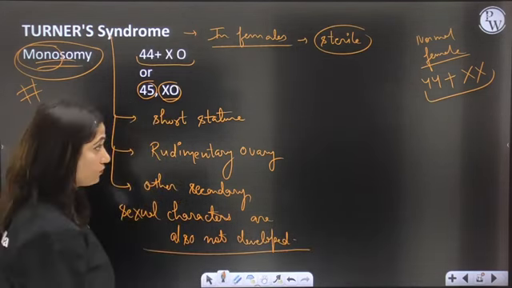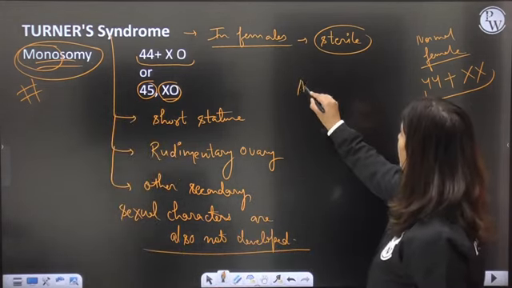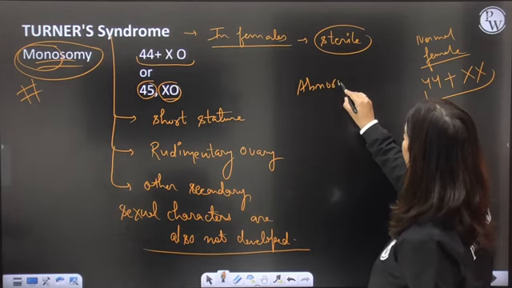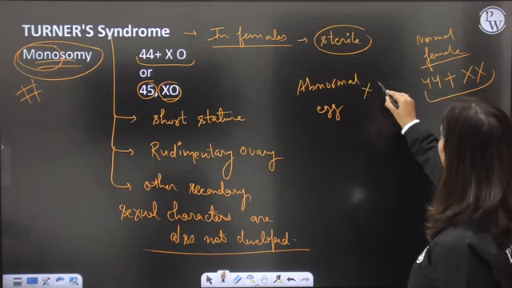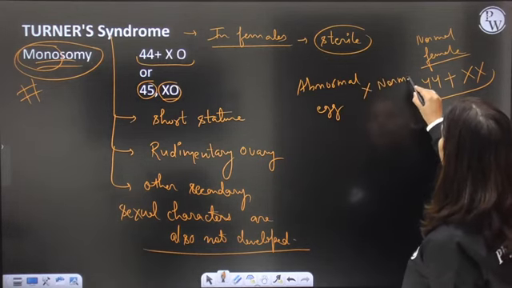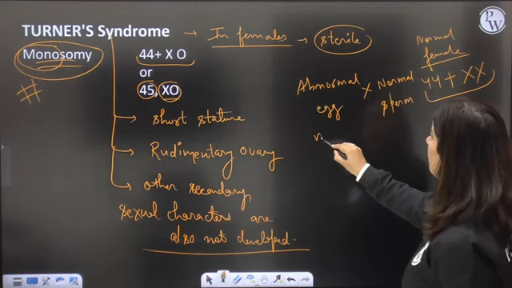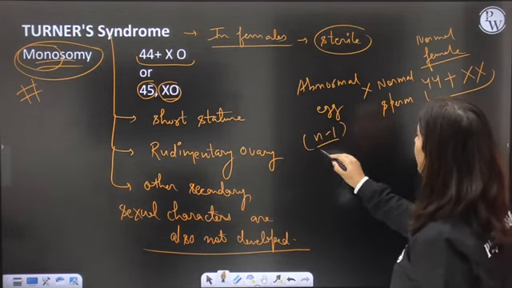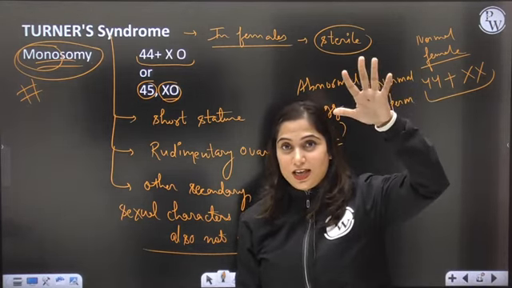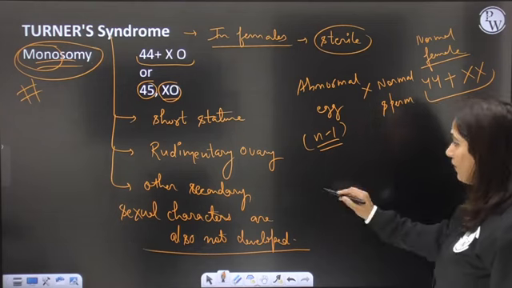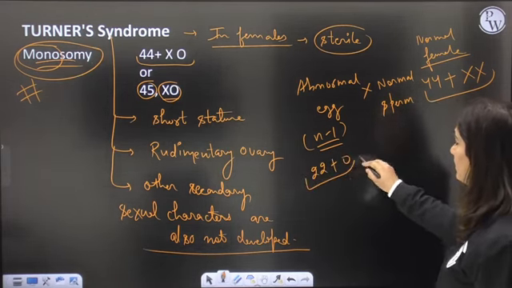Okay. And the reason again is the same, abnormal egg. Reason is the same, non-disjunction of chromosomes, abnormal egg, normal sperm. Abnormal egg here will be n minus 1, the gamete in which the X chromosome did not come. So n minus 1 means 22 plus O, which does not have any sex chromosome.